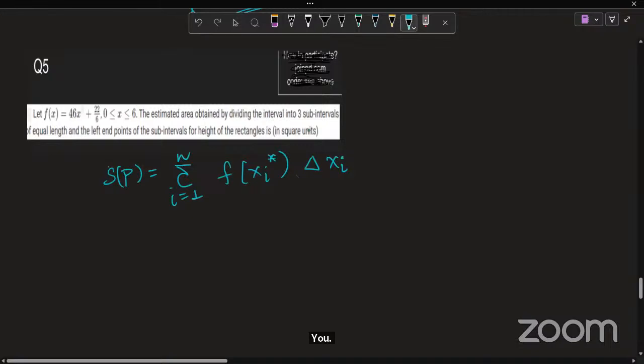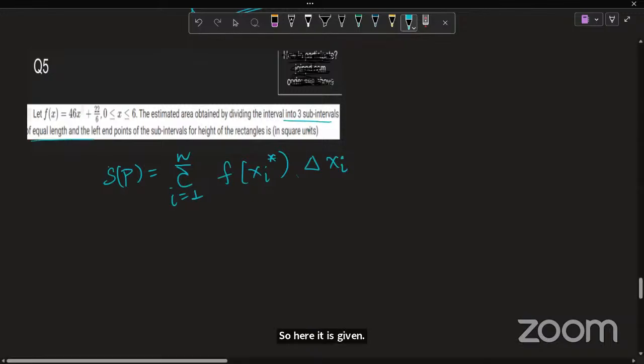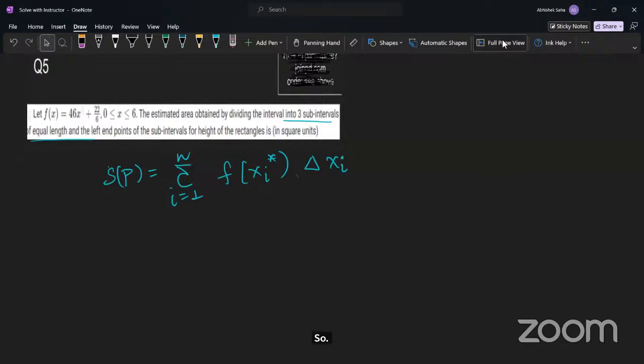That is the interval length, the maximum value of the interval. Here it is given that this curve is divided into three subintervals of equal length, so the length is uniform.